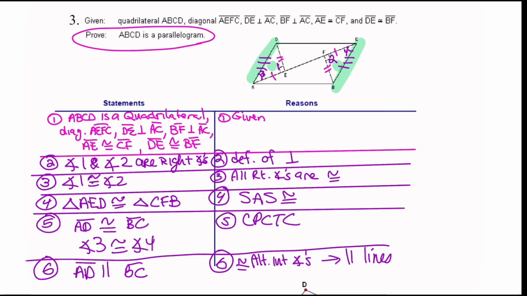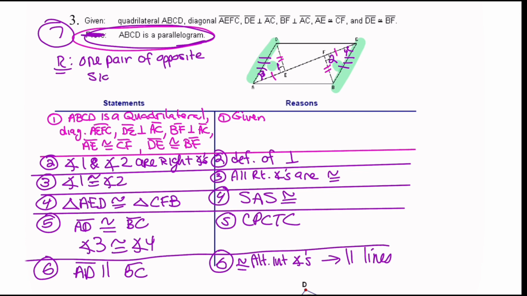And then finally, which I don't have enough room on the bottom here for, number 7 would be that ABCD is a parallelogram, and my reasoning would be that we have one pair of opposite sides both parallel and congruent. That establishes it as a parallelogram.